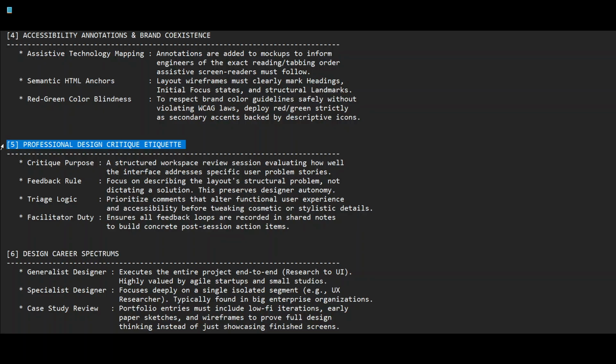So, critique purpose. The first thing: a structured workspace review session evaluating how well the interface addresses specific user problem stories. And the feedback rule focuses on describing the layout's structural problem, not dictating a solution. This preserves designer autonomy.